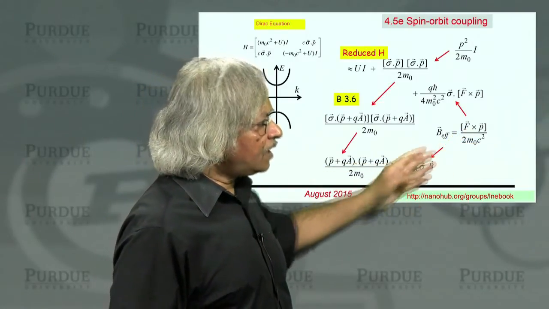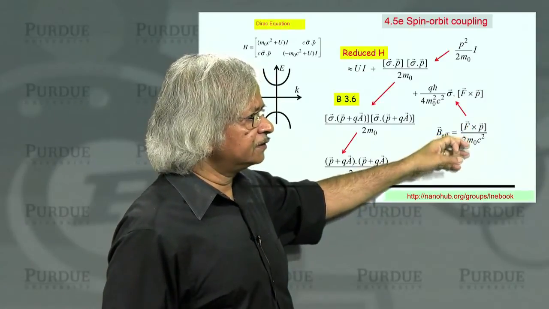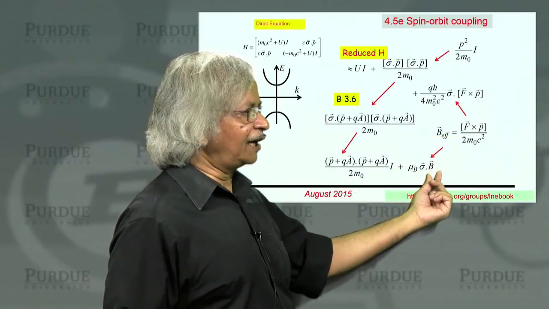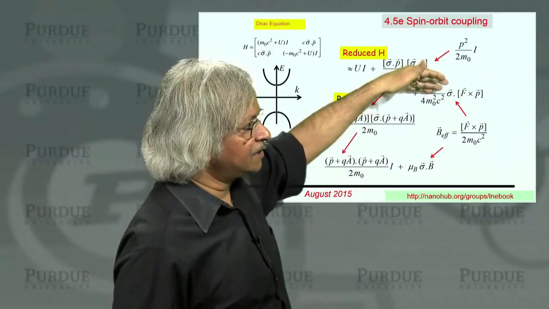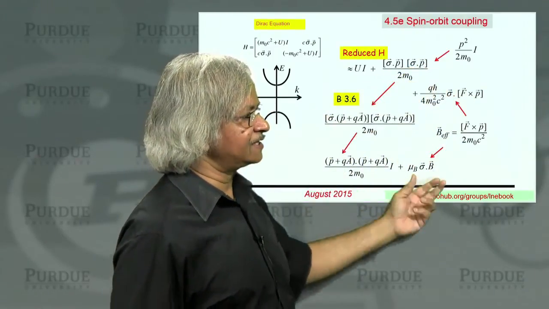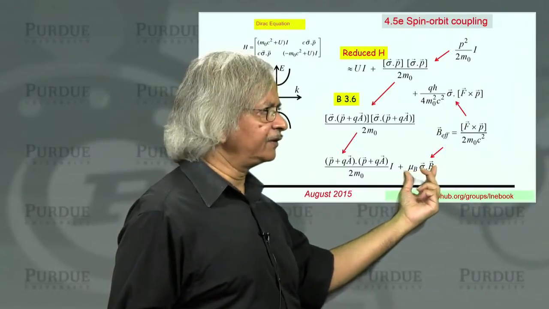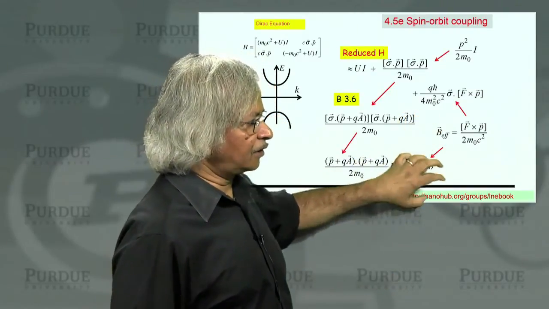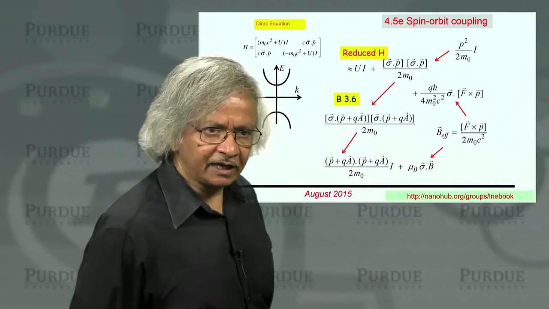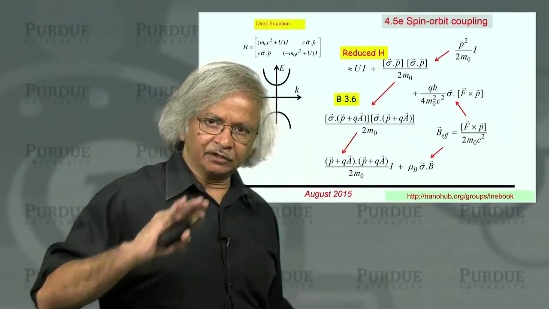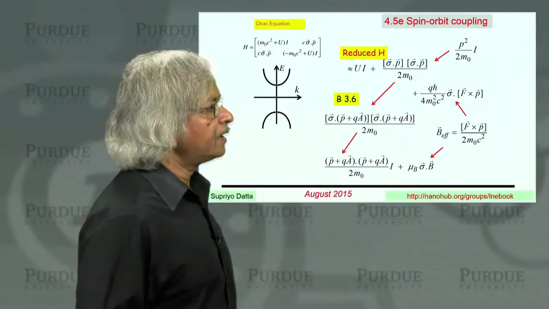And so in a large electric field, you can have a large effective magnetic field, which then gives you something like this. So that is, if you compare this and rationalize it in terms of something like this. But of course, that's not the derivation of this at all. The derivation is what we did in the last slide. That would be the method of how you would get there.